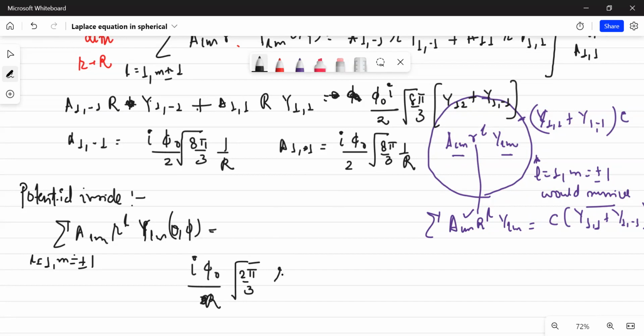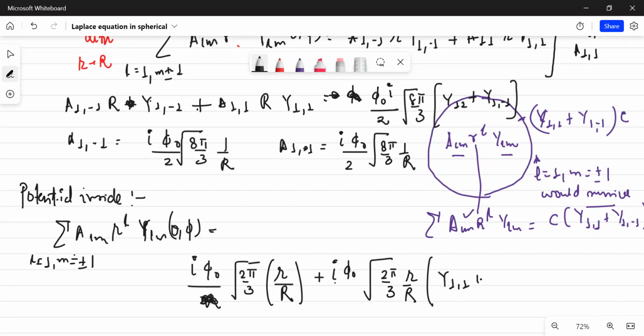Here you will have r, and you will just place r upon R, and then you have this term Y11. And then again don't forget that term. Both of these constant terms are the same, so I'm just writing it here, and then you have this Y11 plus Y1 minus 1.